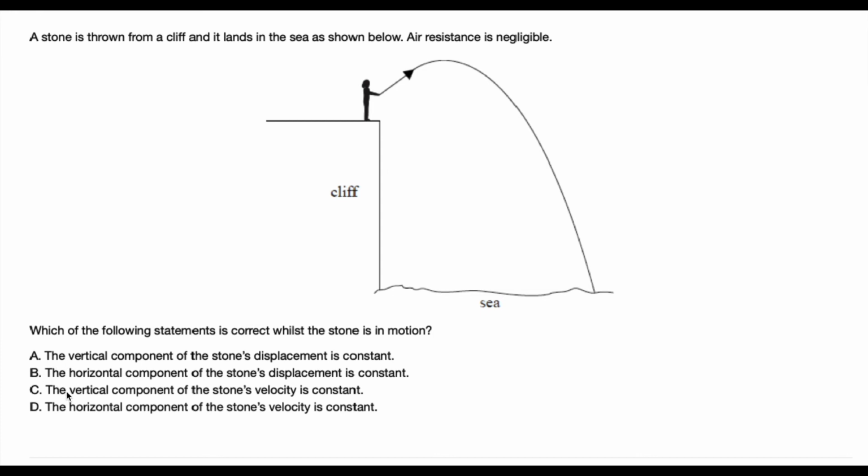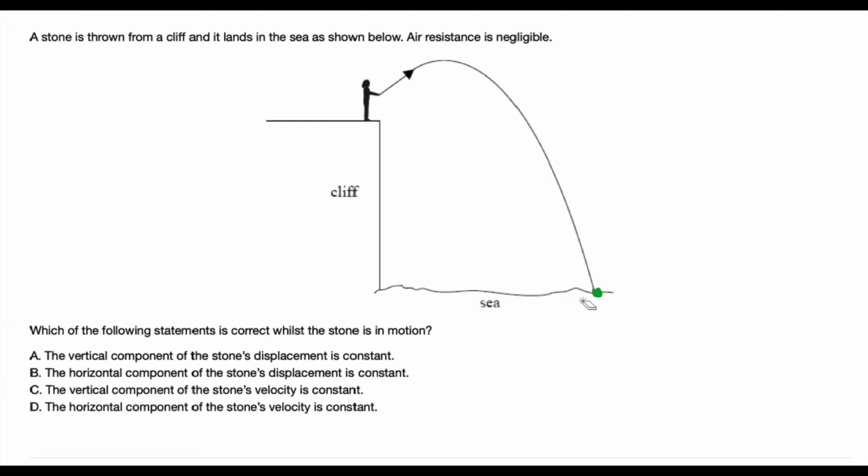B says the horizontal component of the stone's displacement is constant. This is also wrong because its final position is here while its initial position is here, so its horizontal position also changes. So B is also wrong. Now C says the vertical component of the stone's velocity is constant.